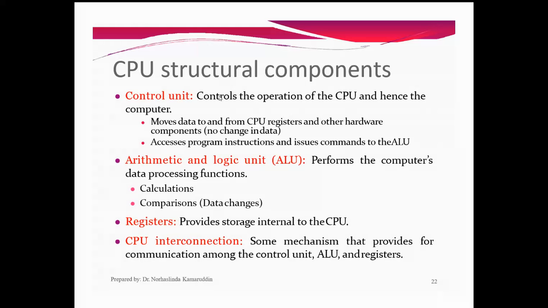Now we have the CPU interconnection. CPU interconnection is a mechanism used to provide communication among the components inside the CPU itself. So if a register wants to connect, it needs to send a control signal to the control unit, through the CPU interconnection.